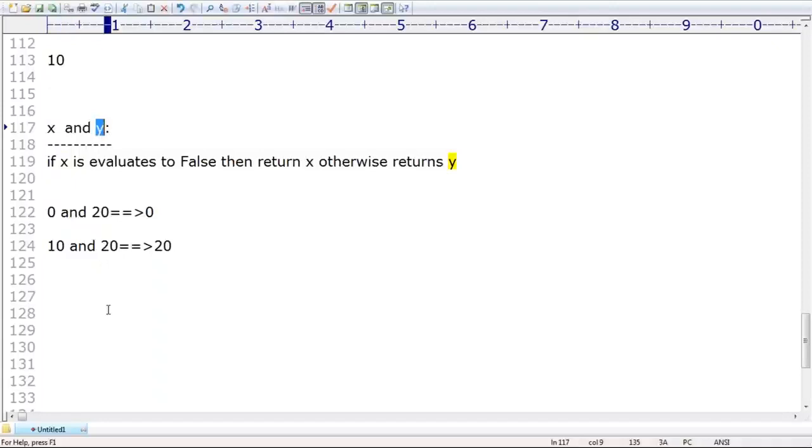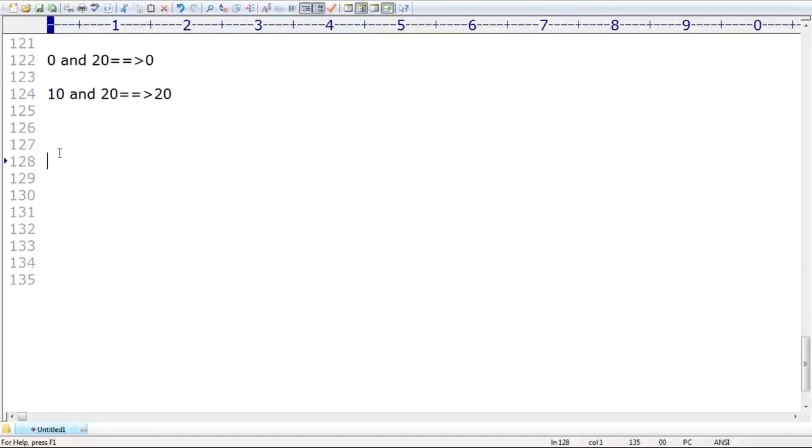Now, what I want to take, sir? Reverse: X or Y. Can you please observe very carefully? X or Y. If X is true, think carefully. If the first one is true, am I required to consider Y? Because the result is always true, right?